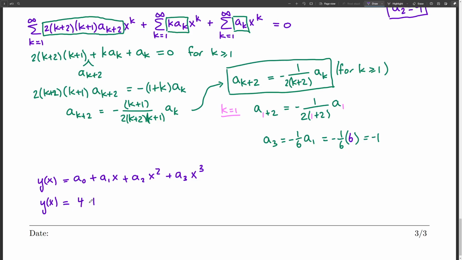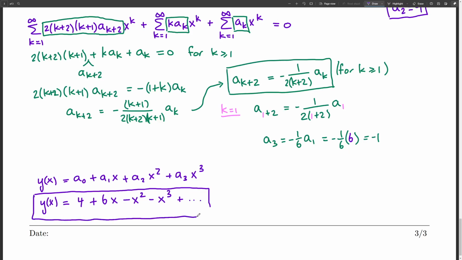We found that a1 was 6. We found that a2 was negative 1, so that's minus x squared. We found that a3 is negative 1, so that's minus x cubed. And so those are the first 4 non-zero terms of the power series expansion of y.